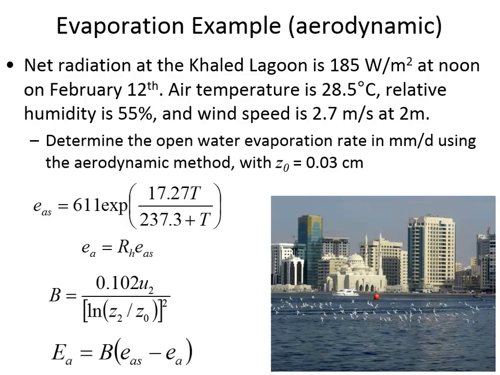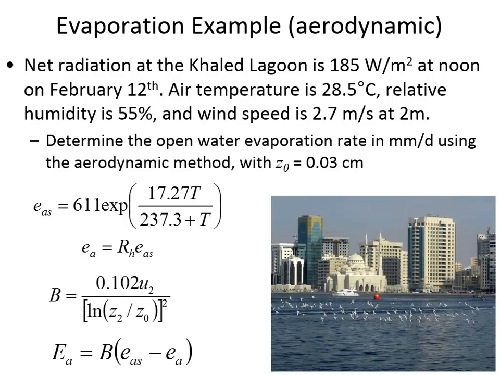And we've got that the wind speed is 2.7 meters per second, and that is measured at an elevation of 2 meters above the water surface, and the average wave height is 0.03 centimeters.